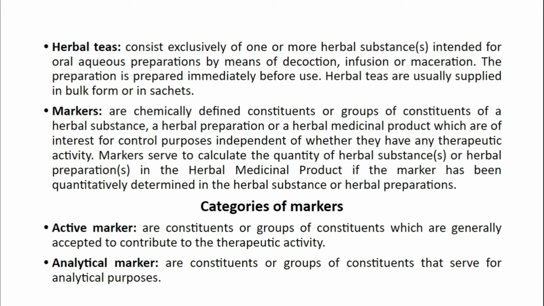Alpha doesn't have any medicinal therapeutic activity, but alpha is there, and the constituent of alpha is known, it is 80% of A and 10% of B plus 10% of C. So alpha can be called a marker, because we know the constituent of alpha.